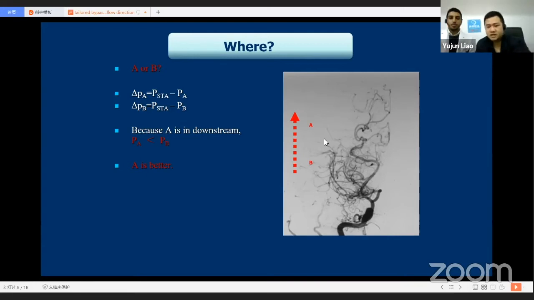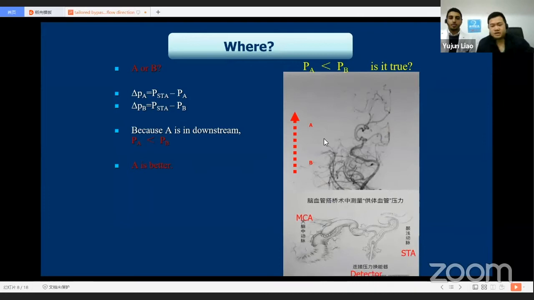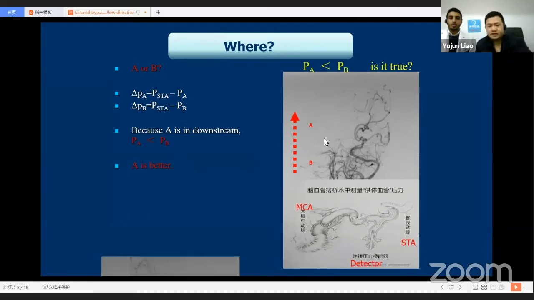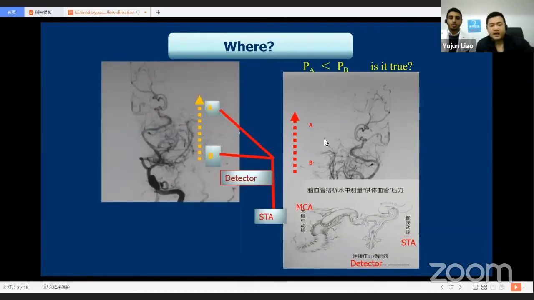So we conducted clinical research, and it's like this. In a case series, we performed double-barreled bypass.